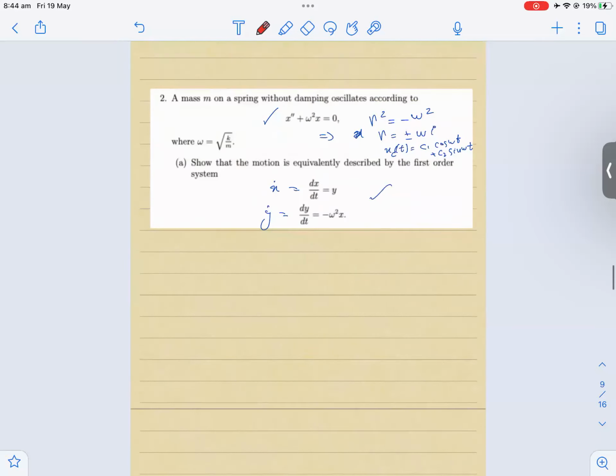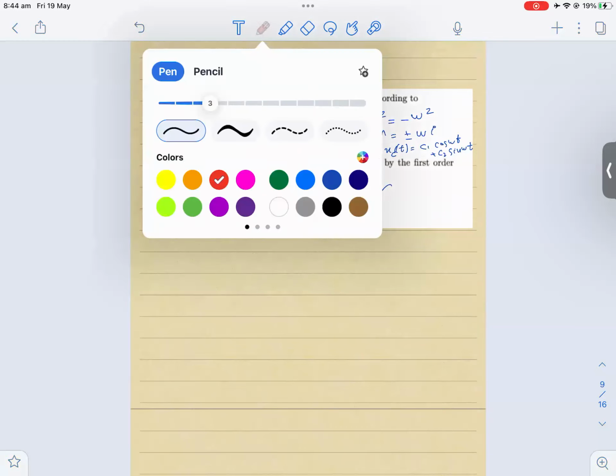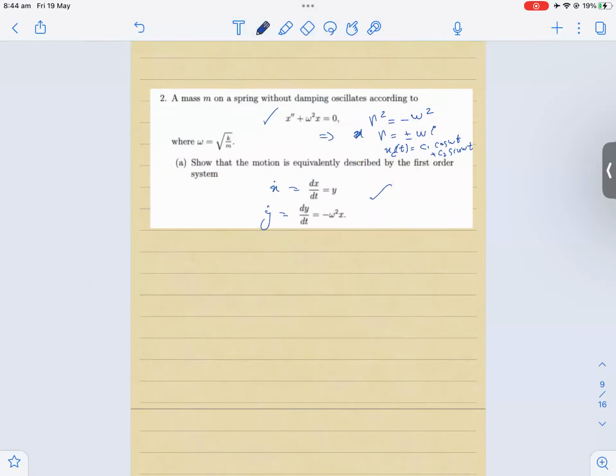Okay, so now this guy here. For this question, let's assume that x double dash plus omega squared x equals 0.